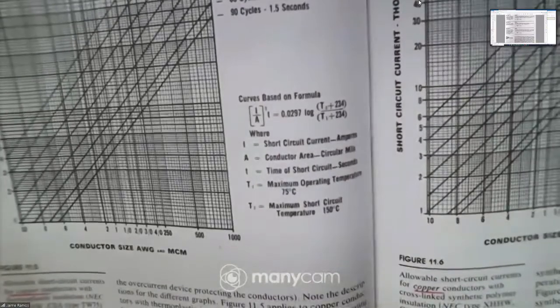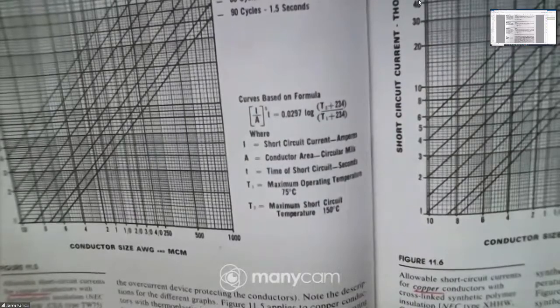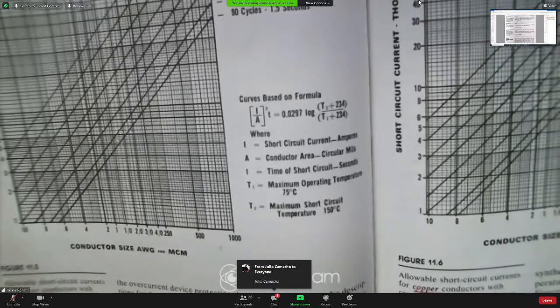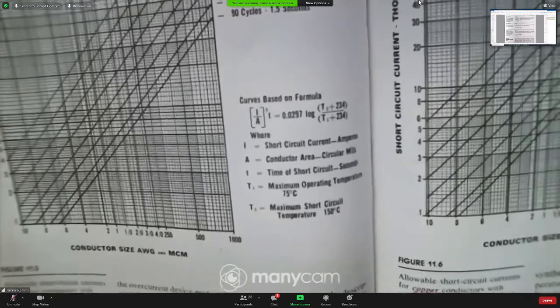Then there are different examples. See, look, the next is the cross-link synthetic polymer type. Same conductor, 250 MCM, but now a different insulation, so it can withstand higher short circuit current.